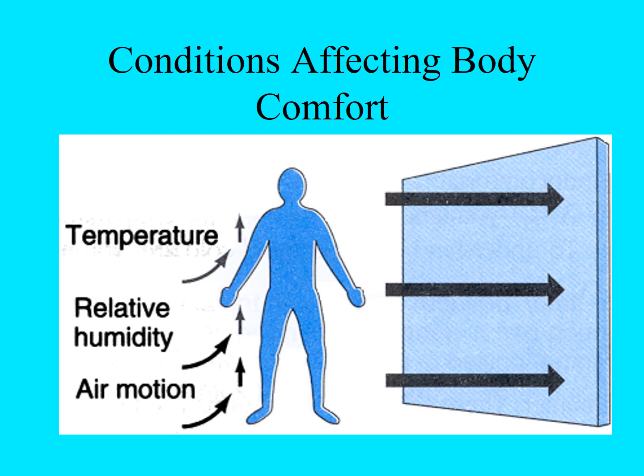So again, conditions affecting the body comfort: temperature, relative humidity, and air motion. Our comfort zone is somewhere right around 70 to 80 degrees Fahrenheit with a humidity of approximately 45 to 50%.